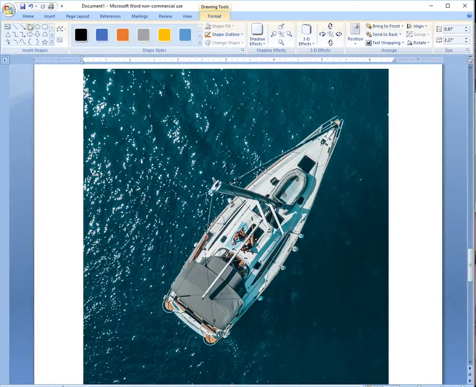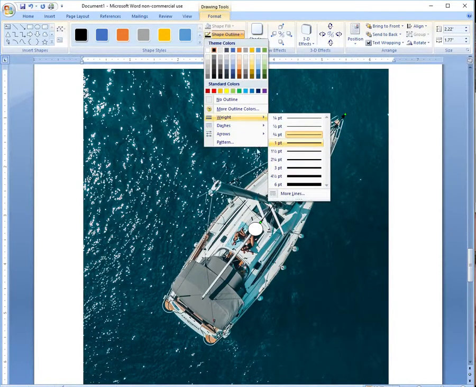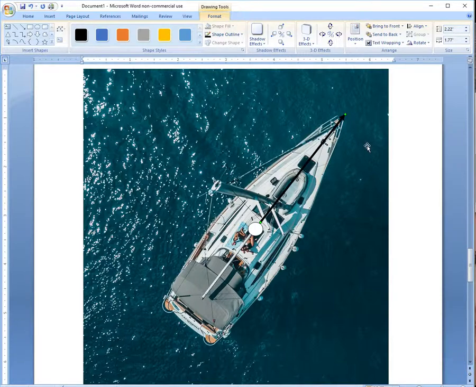We need a dot in the middle, so this represents our sailboat. The boat wants to go in this direction. Make it a nice big heavy line. The boat wants to go in that direction, or it has the motor going that way.